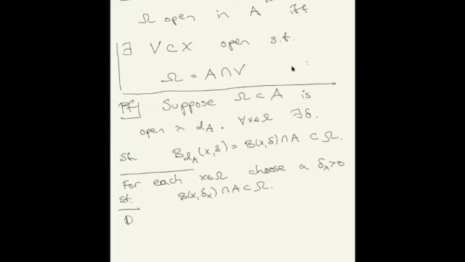Now define, and this is the hardest part of the proof, V as the union over all the points x in omega of the ball B(x, delta x). Now this is a huge union because the set omega can be very large, but it just means those points that belong to one of these balls. So this is our set V. It is a union of open balls, which are open in the usual sense. So V is open.